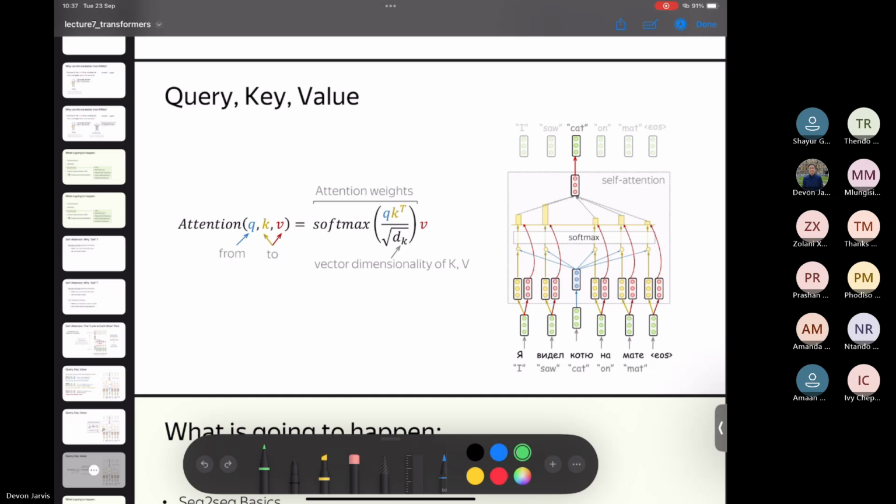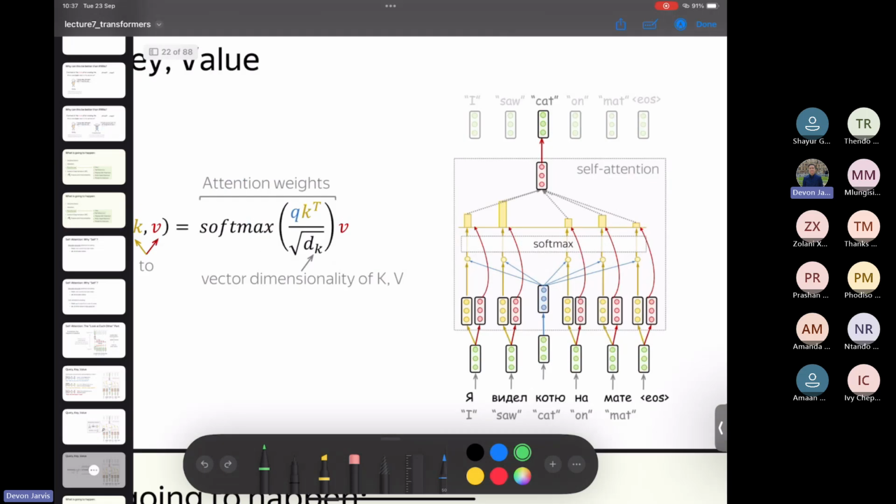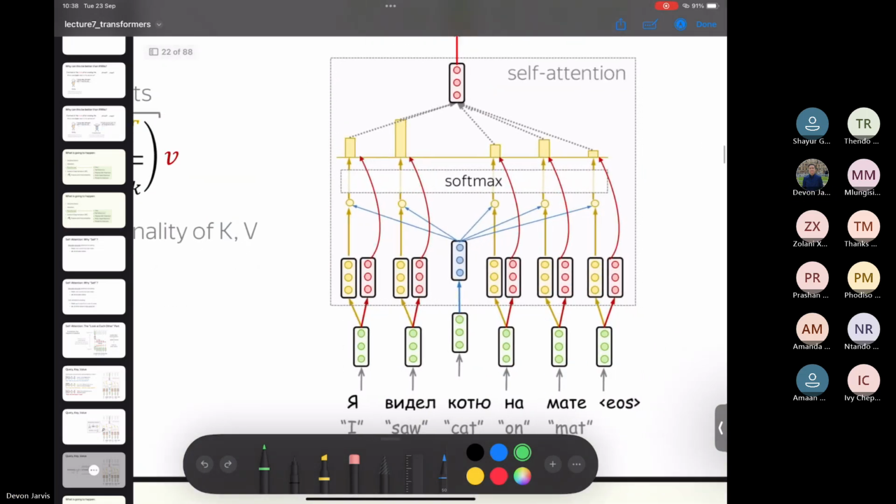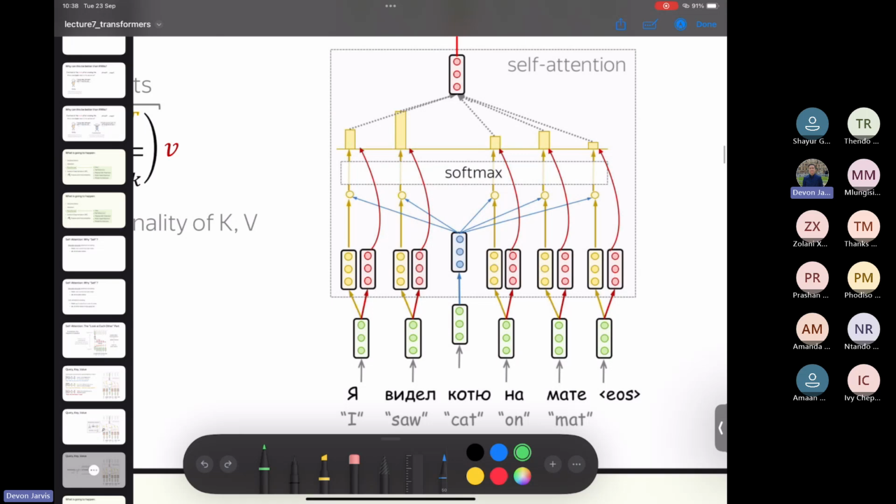Sure. So looking at this image here, which word has the highest attention weight for cat? Correct. It's just that bar coming off the top of the softmax.